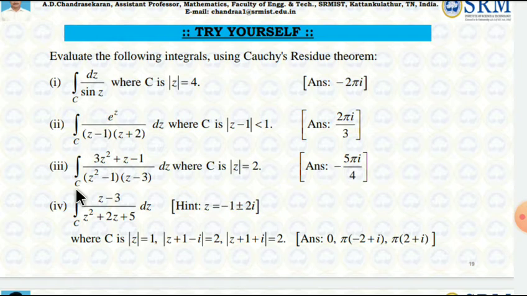Third one, a similar type, the answer given is minus 5 pi i by 4. These types of problems we can do by using Cauchy's integral formula, but there we have to first factorize this with the help of the method of partial fractions. But here there is no such confusion. Directly we can consider the whole function as f of z. So apply the residue theorem.